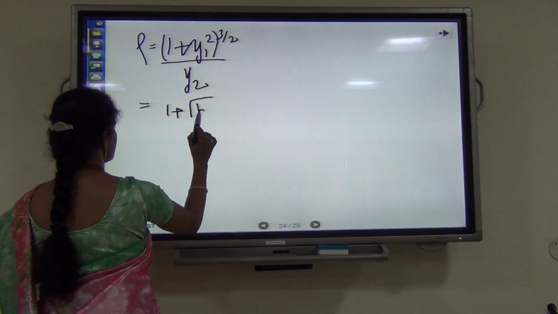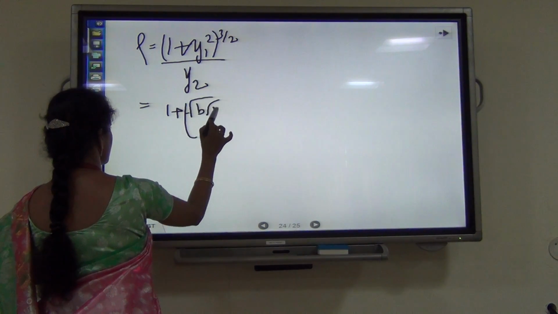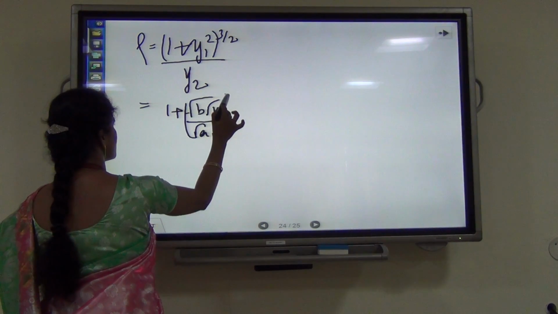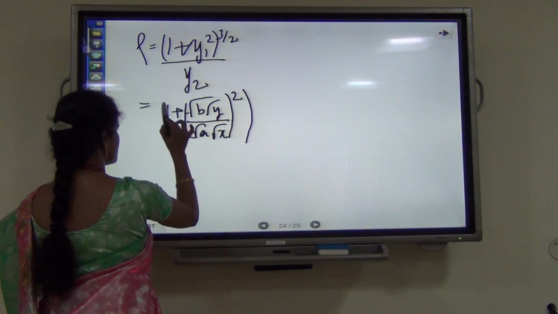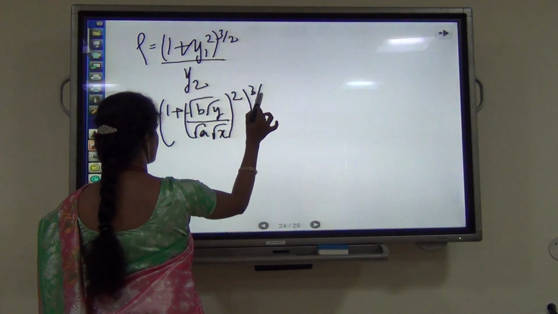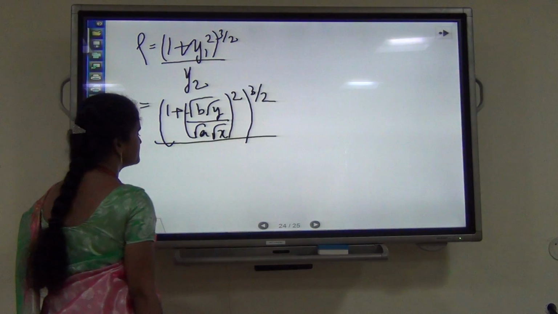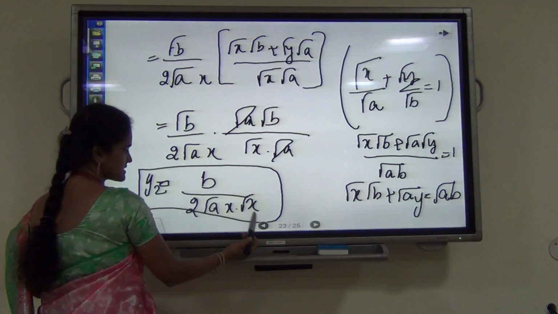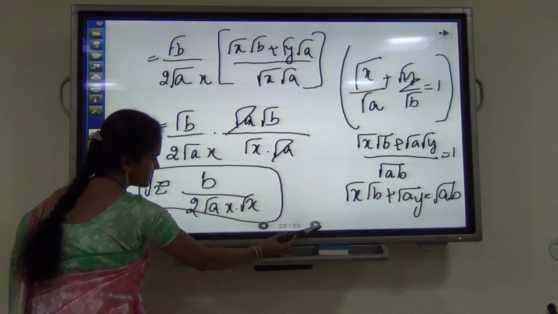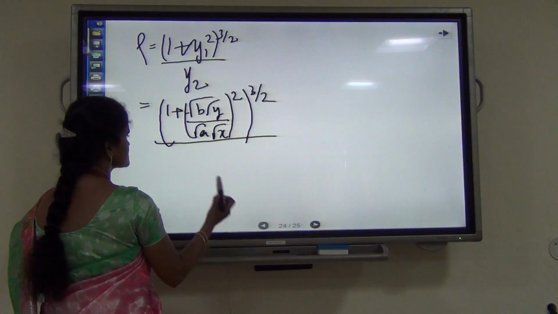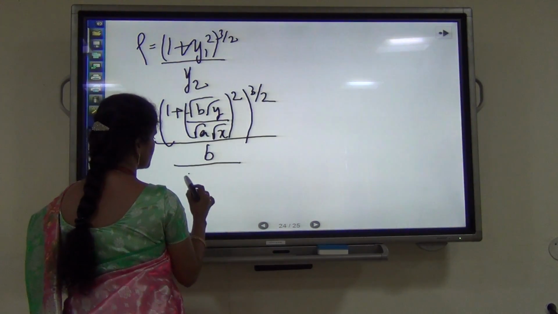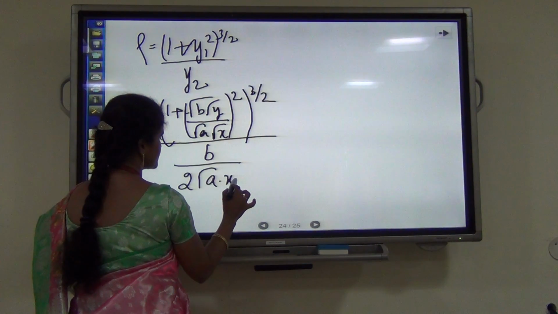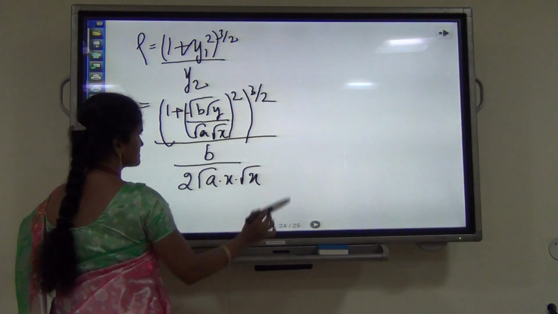So, 1 plus root b minus root y by root a root x, whole square to the power 3 by 2, by what is y2? b by 2 root a x into root x.